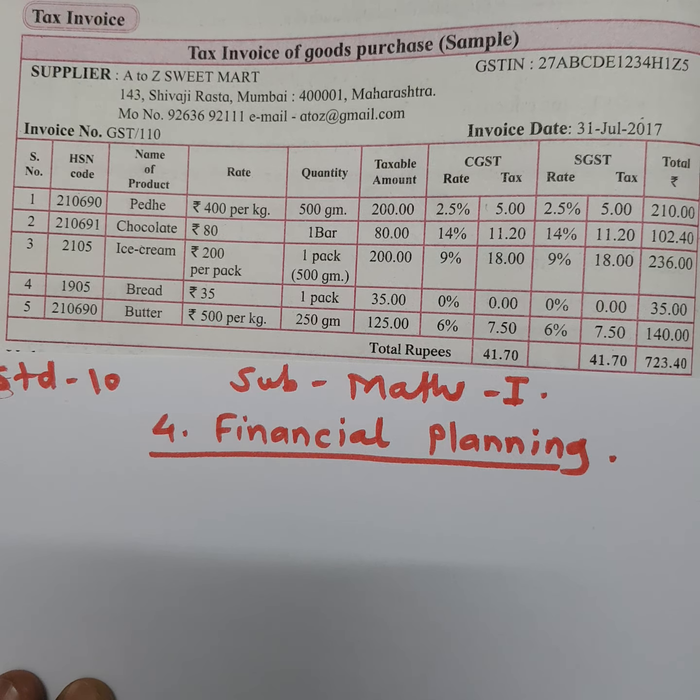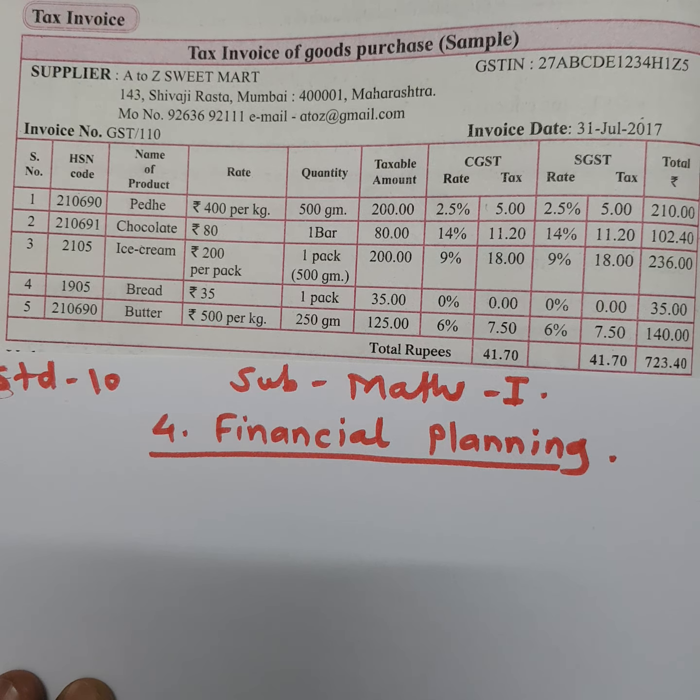Now we are going to study the tax invoice. For example, we have taken one tax invoice from our textbook. It is a sample tax invoice of goods purchase. In the exam, you are asked to prepare this type of tax invoice, so you must study it well.